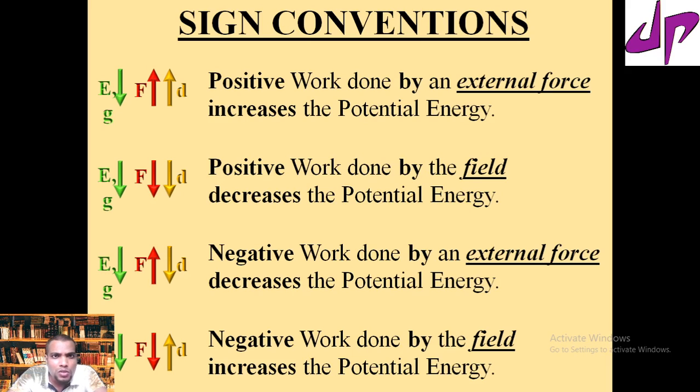Now we come to sign conventions. Since potential energy depends upon work, and the work formula contains force and displacement. Here the green arrow shows the gravitational force or electric force, and the red arrow shows the external force. It means the work done by us, the work done by me. I am applying a force, and D is the displacement direction.